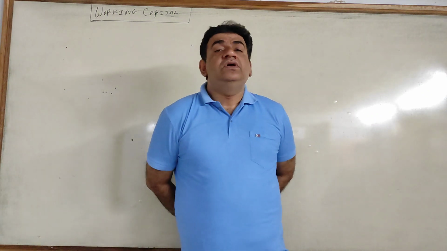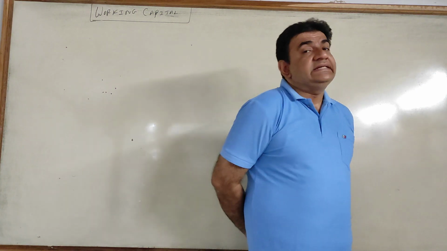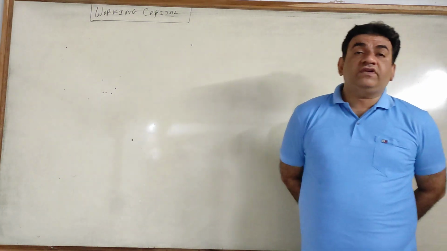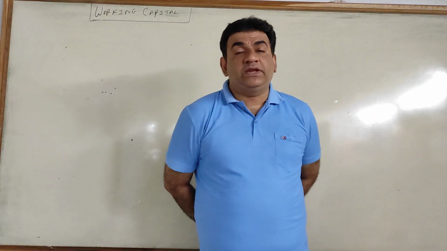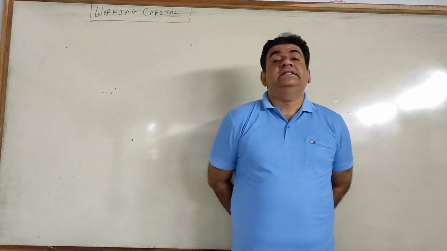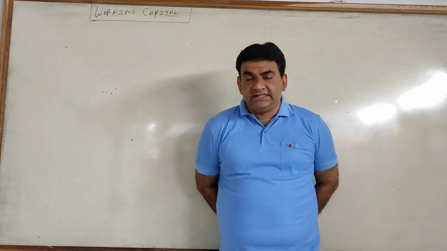As I told you, you will have to calculate each and every item of current assets' value and each and every item of current liability's value, and you have to get the working capital on that basis. Now what will happen?